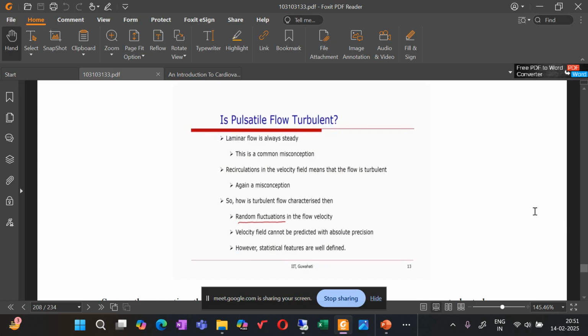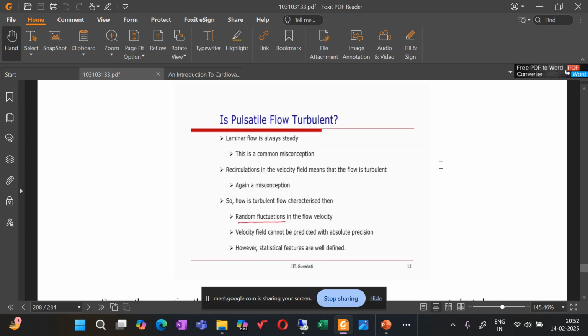Again, a misconception. If there are recirculations, vortices coming up, that doesn't mean the flow is turbulent. In turbulent flow, the necessary condition is that the length scale of the recirculations will be changing with time. Those length scales are changing, but in the laminar case they will not be changing.